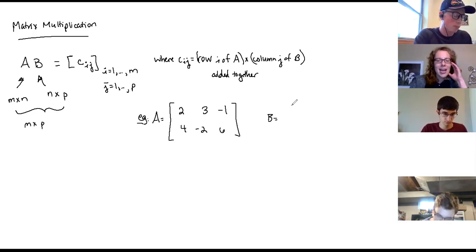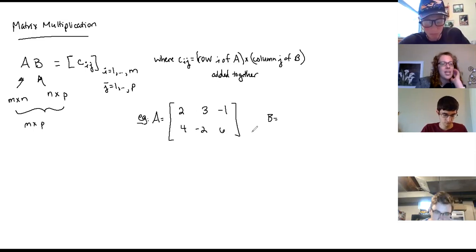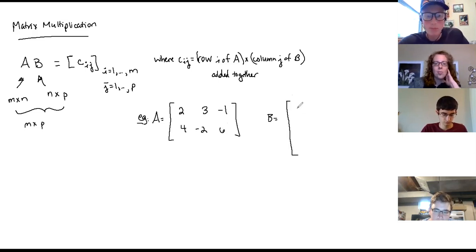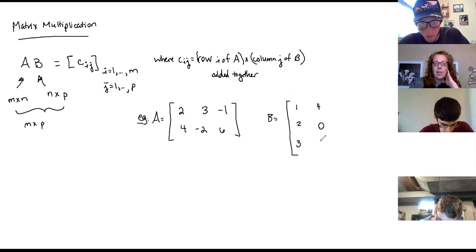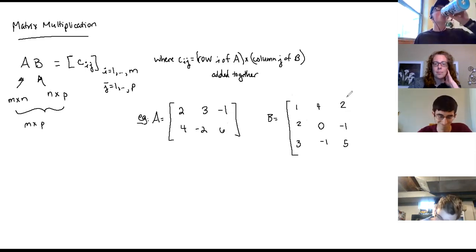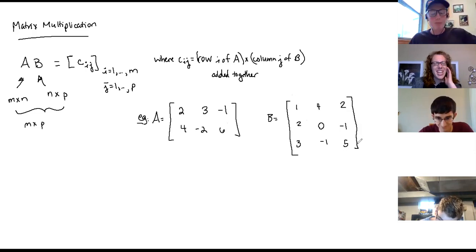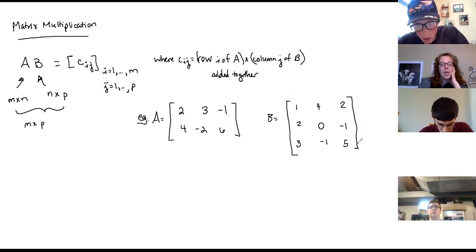A has 3 columns, so B has to have 3 rows in order for this to work out, right? So let's do B: 1, 2, 3, 4, 0, negative 1, 2, negative 1, 5. I read down that time instead of across, sorry.